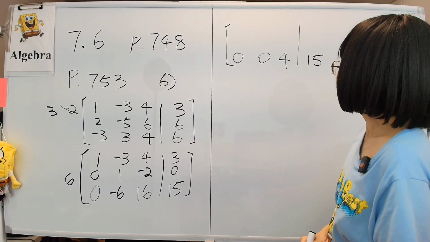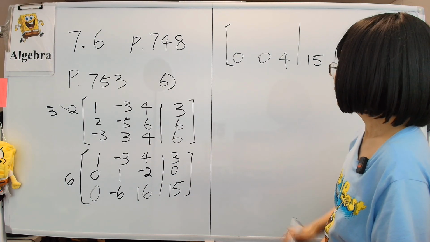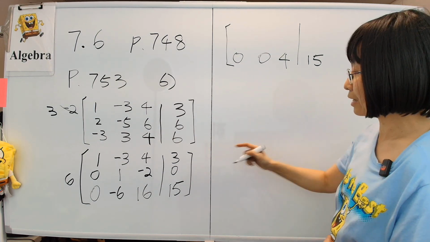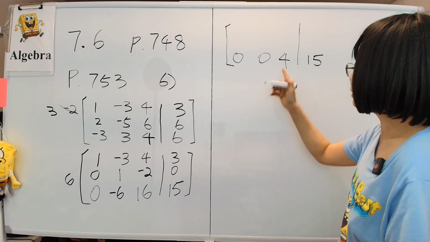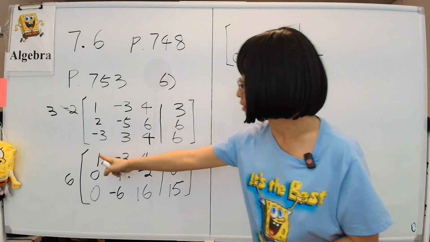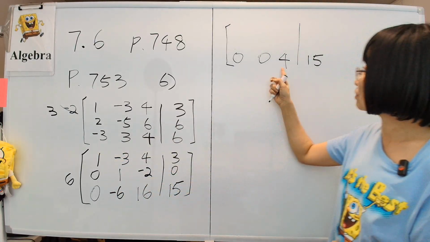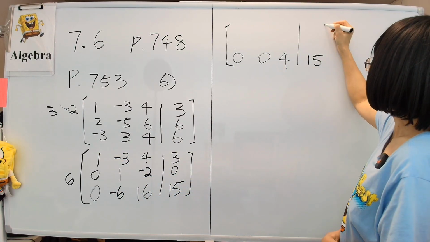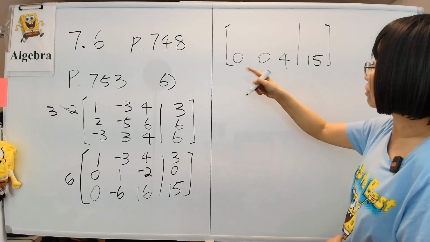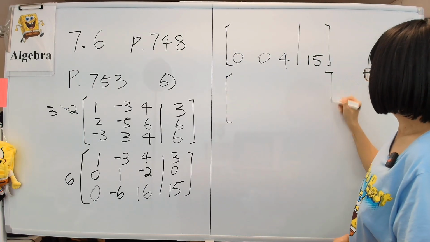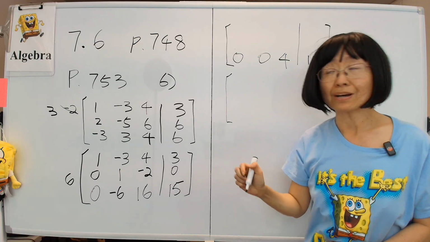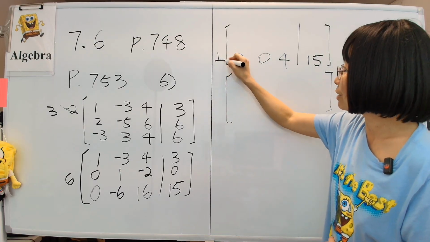Okay, so we have the third row, and then the top 2 rows look like that. Now this is the last, so we have 1 here and 1 here. The last position is now 4, and that needs to change into 1. Now without copying any stuff on top, I'm just going to do that. To turn this thing into a 1, we're going to divide it by 4, or multiply it by a quarter.